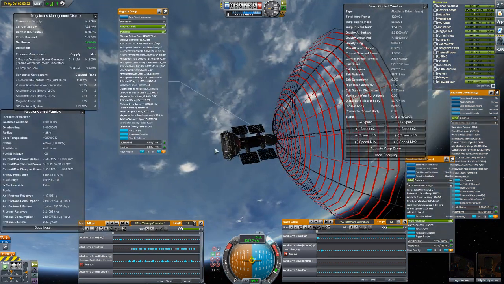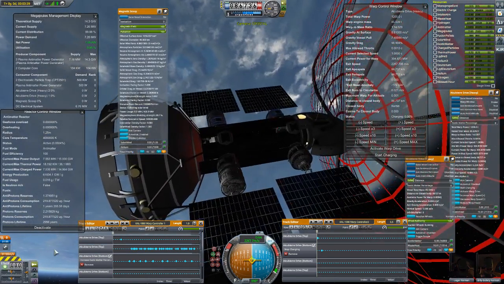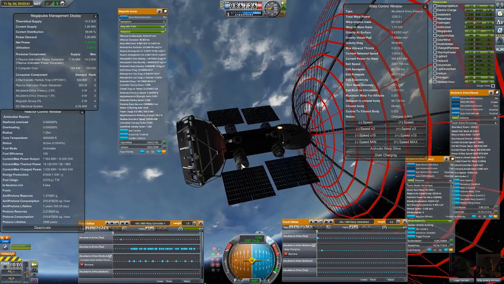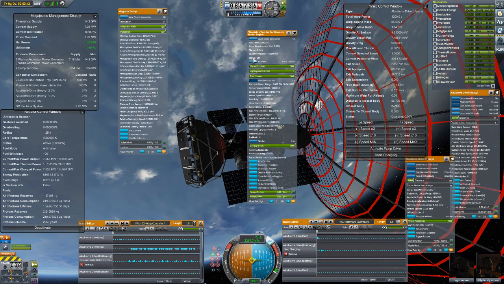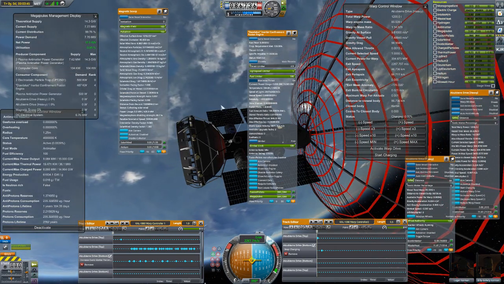Alright, so really quick, one thing that we're going to need to do is match our drag so that we don't deorbit. So we're going to go ahead and turn on the dataless engine. Oh yeah, dataless. And let's see if we can limit that thrust pretty good.